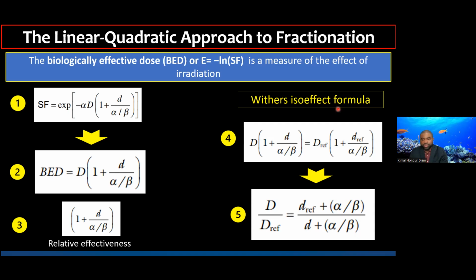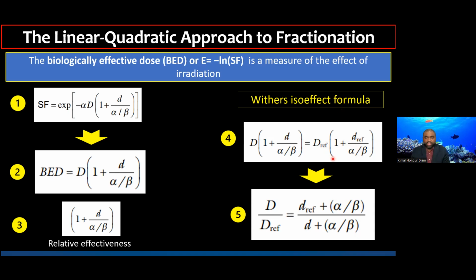It is inherent here to assume that the reference schedule has a total dose, let's call it D reference, and the dose per fraction d reference. This is the initial reference dose.